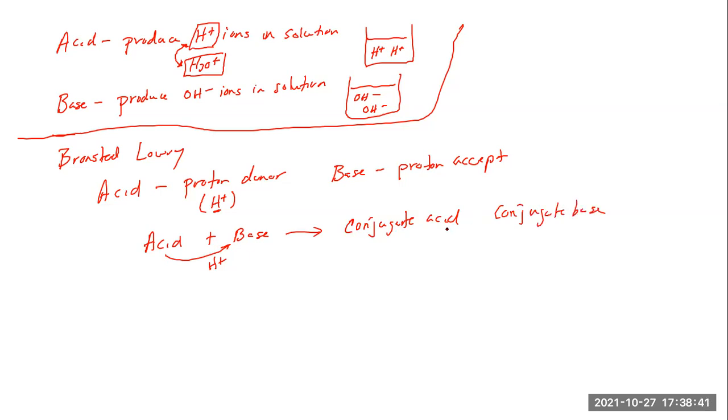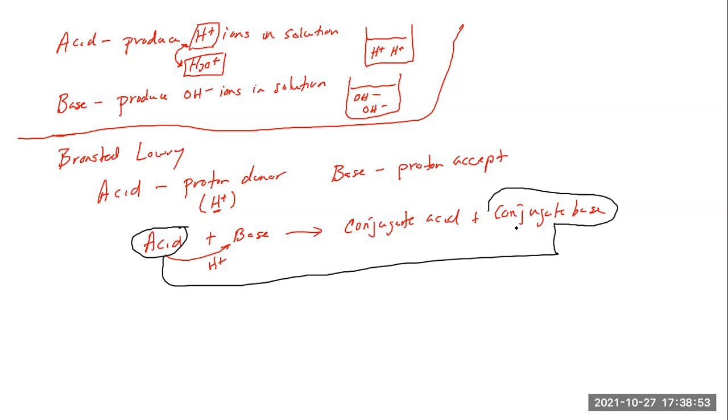These on the right-hand side of the arrow are related to the ones on the left-hand side. Our acid on one side has its partner on the other side, the conjugate base. Because the acid donates that H plus, the conjugate base will have one less H plus when it's all said and done.